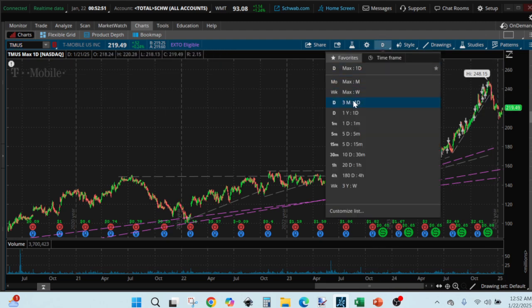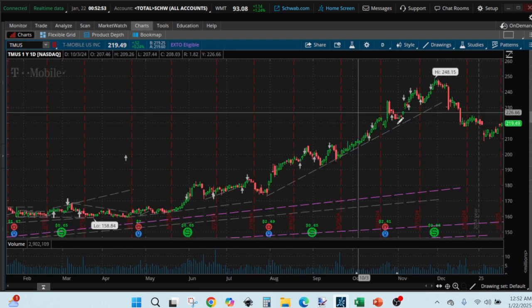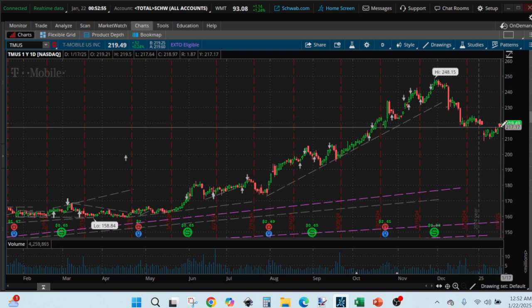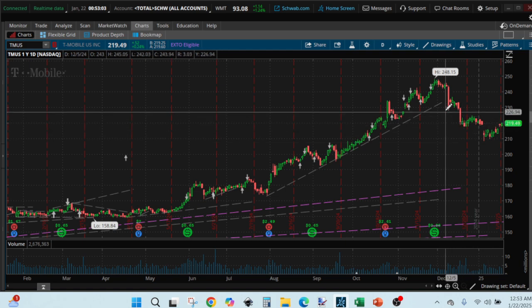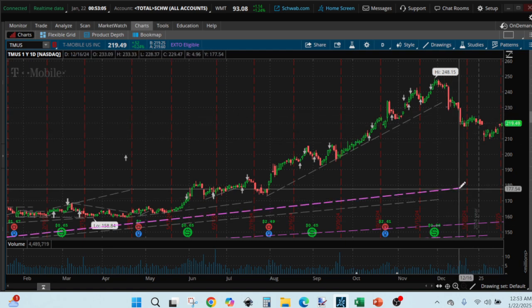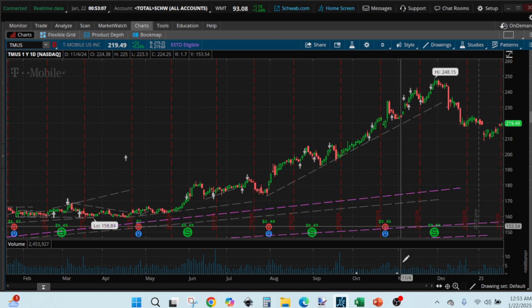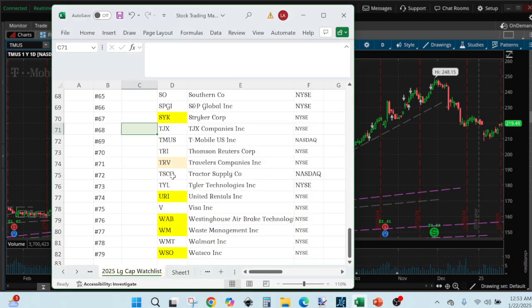The 1 year daily chart will give us a closer view. Yesterday the price went up, but yeah, it's going down, creating lower lows, but it's still far from where we like to buy. The next one is TRY.